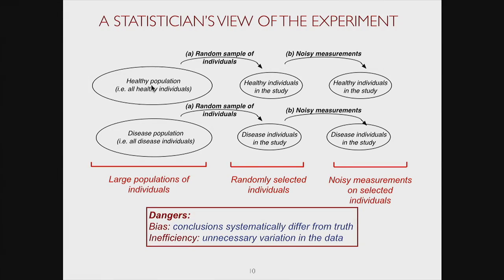And so bias would mean that we systematically do something wrong. So for example, if we have all the healthy populations Caucasian and all the disease subjects African American, then the difference in protein abundance can be due to two things, right? So it can be due to the disease, but also to the ethnicity. And it's possible that a particular protein is affected more by the ethnicity than by the disease.